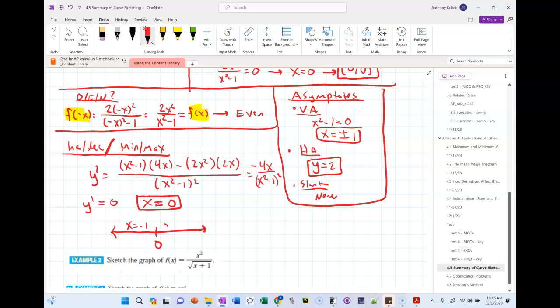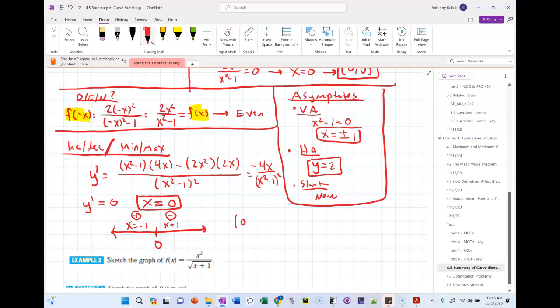So let's see, two test values. How about -1 and +1? Those feel like good ones. If I plug -1 in, I get positive on top and positive on bottom, so that's positive. If I plug +1 in, I get negative on top and positive on bottom, so that's negative.